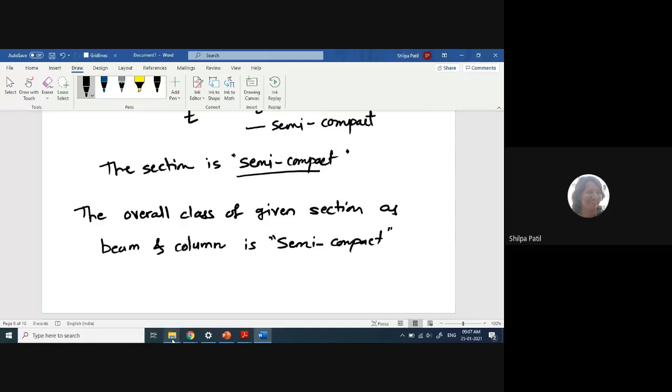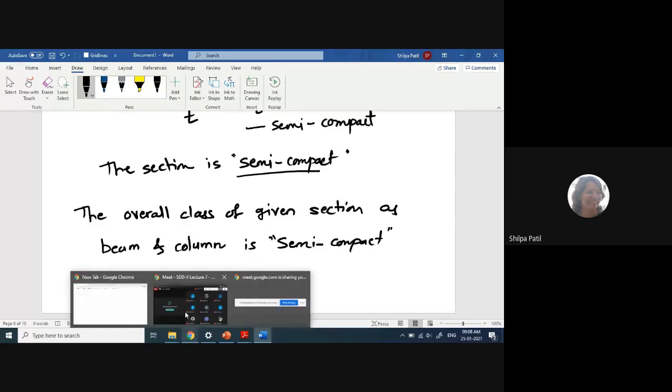I have an assignment for your practical. I will just open that assignment. All of you are expected to write down that assignment right now. Assignment number 1. It is based on the section classification only, so that you have to solve.